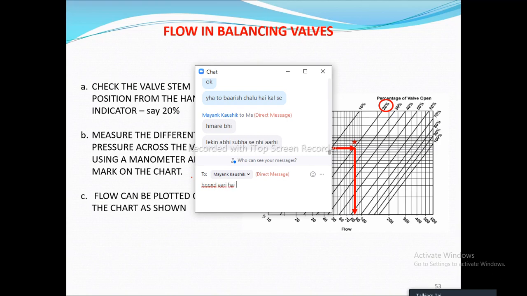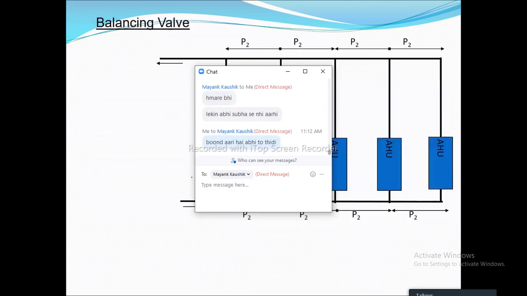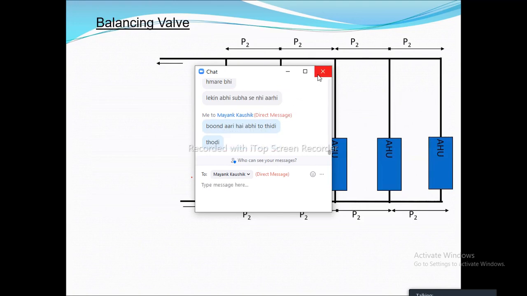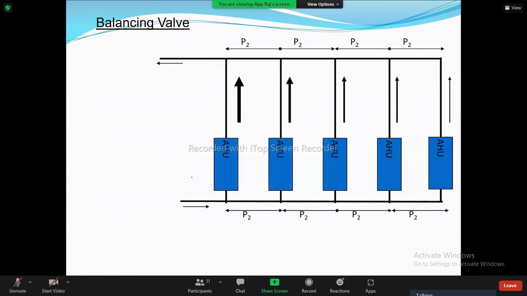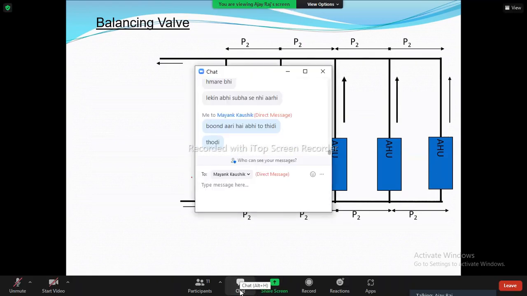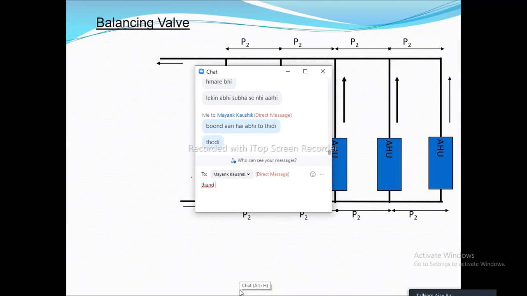Yes, sir. So these K charts will come along with your balancing valves. We had already seen this type of figure earlier. If I don't have balancing valves, there will be more flow at the first AHU, less, and least at the last.